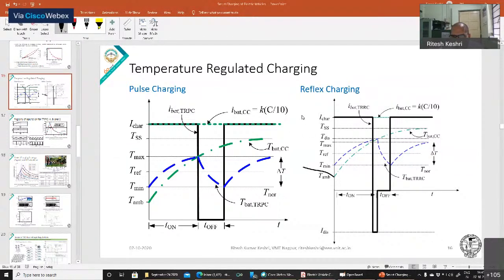Suppose we make a continuous charging, because generally people do CC-CV charging. In continuous charging, the current is continuous like this. But the problem is that if you observe the battery temperature, it will start increasing continuously, and we don't want this.